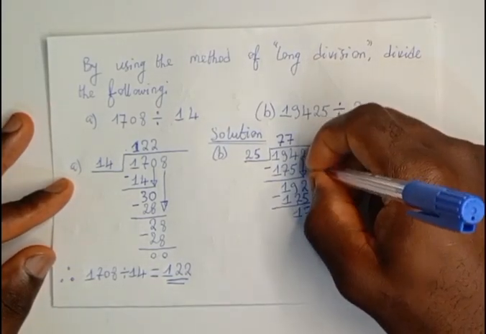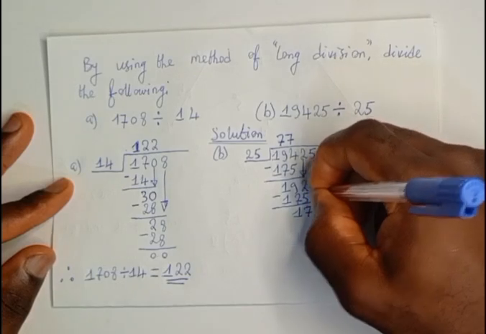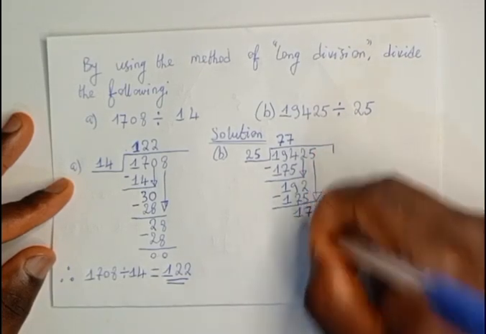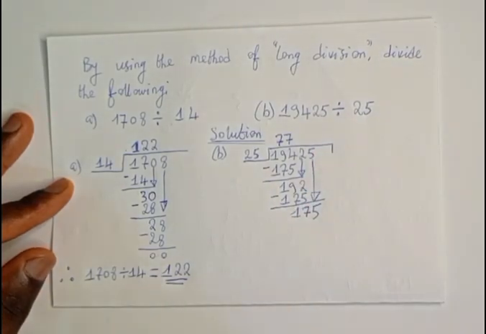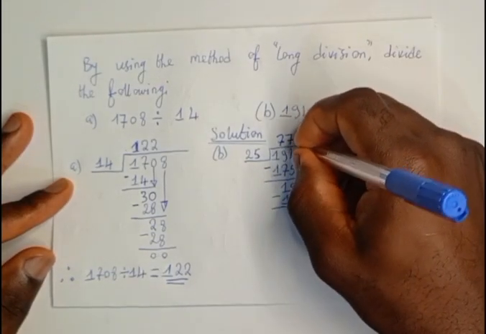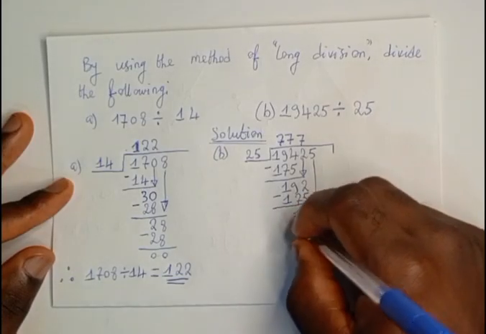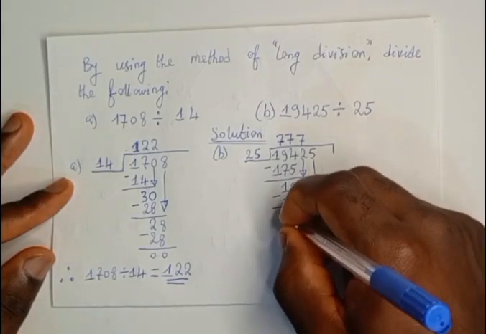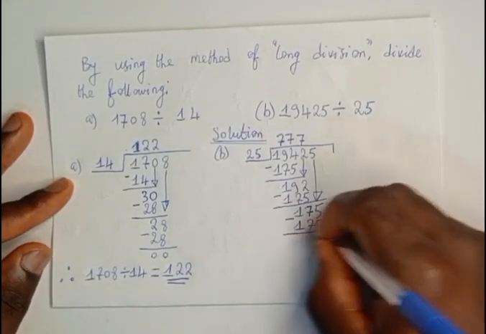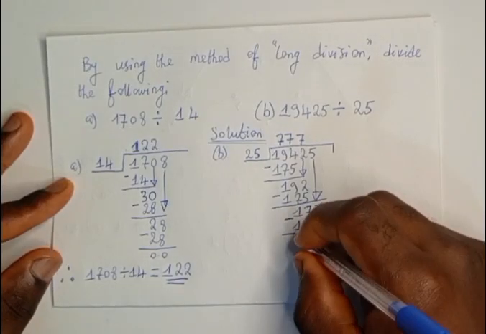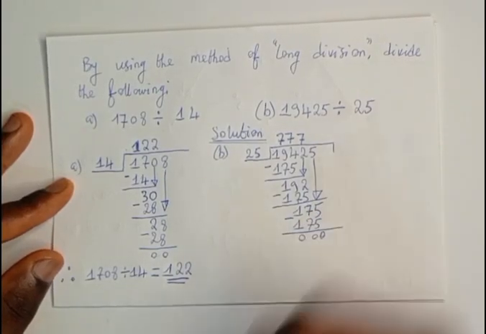We are going to bring down the digit 5 to form the number 175. 175 divided by 25 gives us 7. 7 times 25 gives us 175. 175 minus 175 gives us 0.